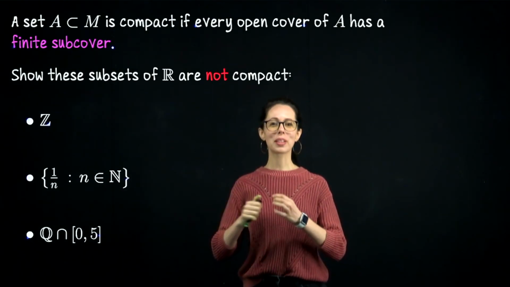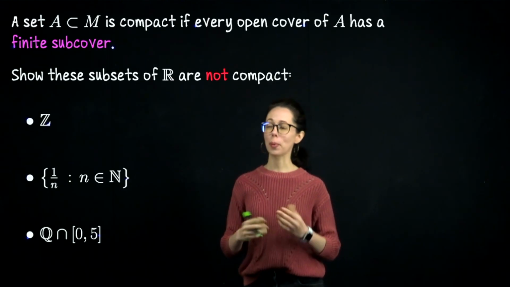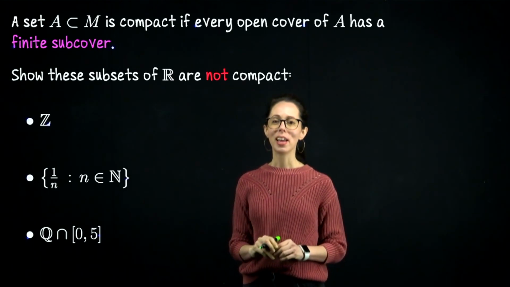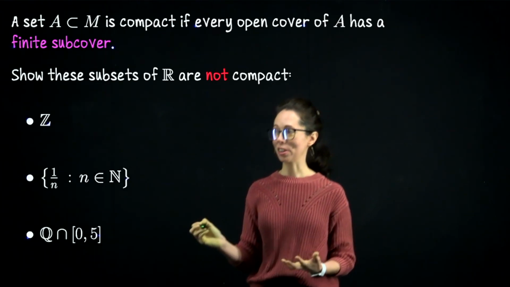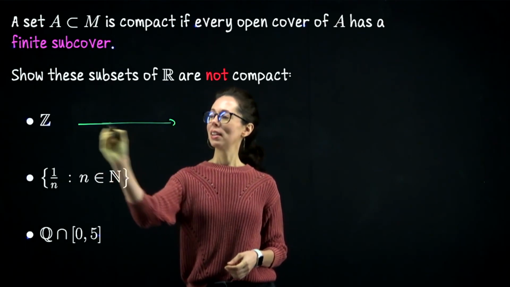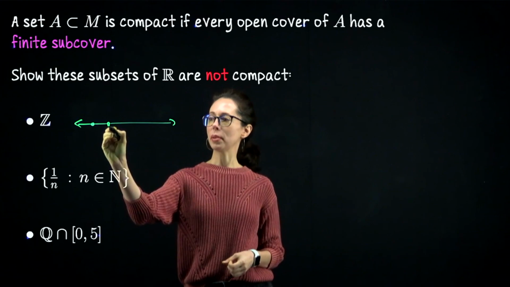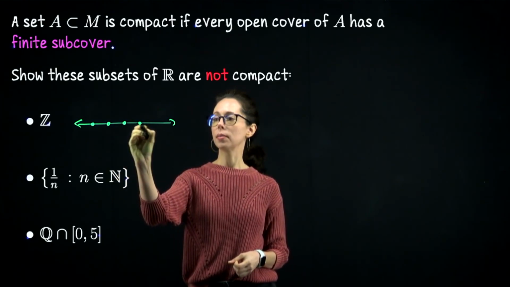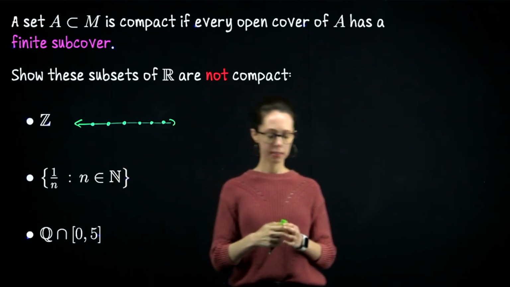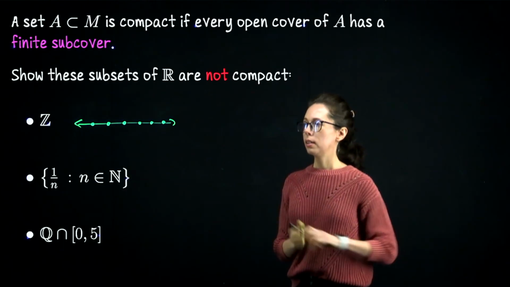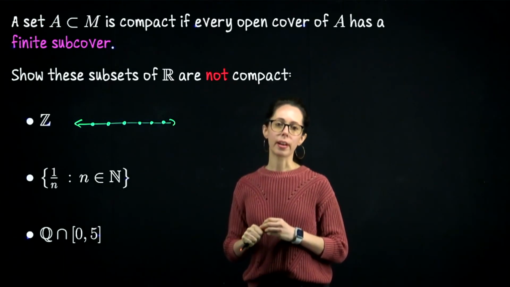All right, let's go through examples for each of these. I'm going to propose open covers which yield no finite subcover. Yours might be different, but hopefully they're correct. Think about integers. This is a family of discrete isolated points on R. I can come up with a few different variations on this.